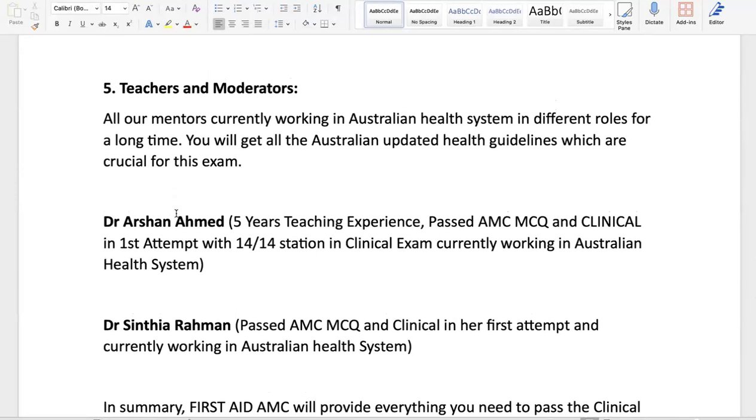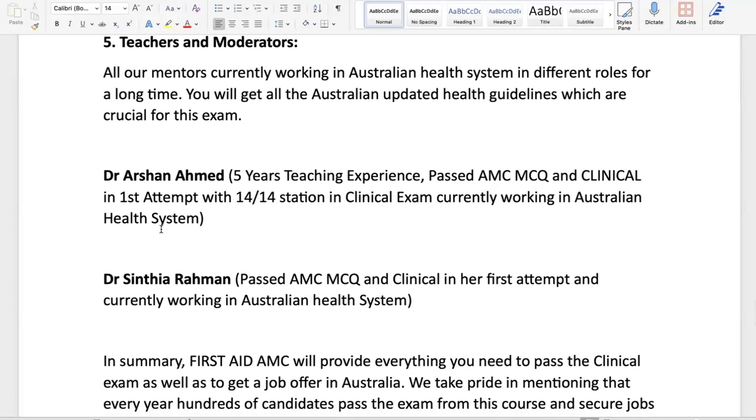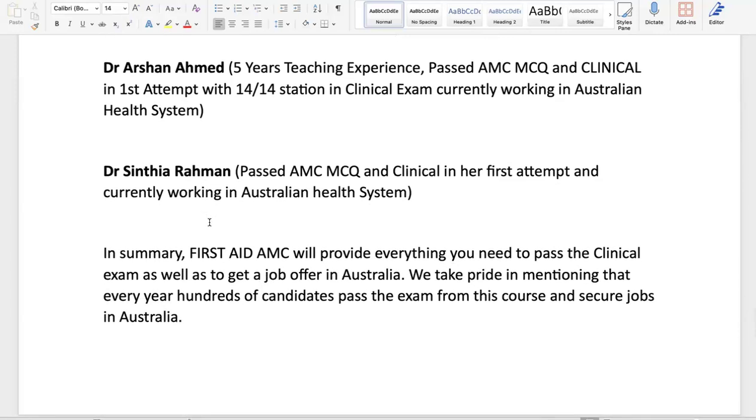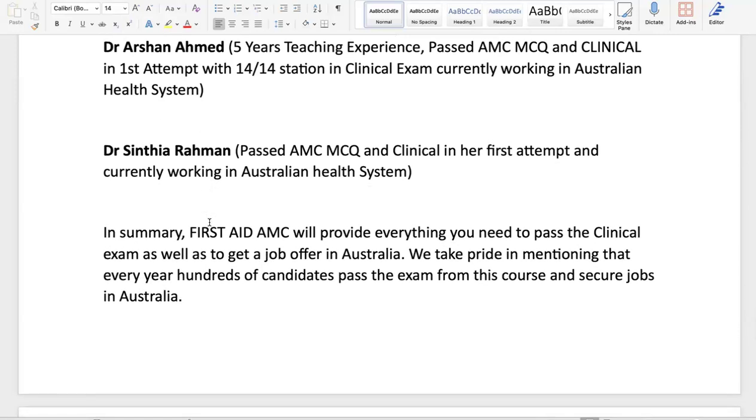All of our mentors are working in Australia currently, so all of them are well experienced. They're doing this for a long, long time. And as you know about myself, at the moment it is not 5 years, it's 7 years experience. We have been helping the IMGs for a long time. We changed our way of approach based on how AMC has changed.